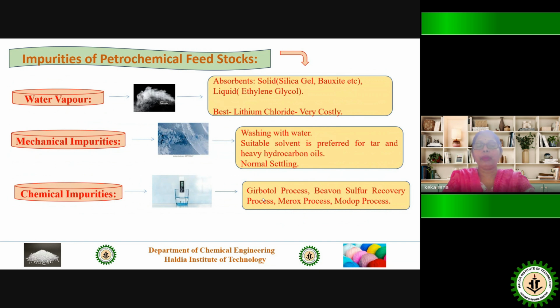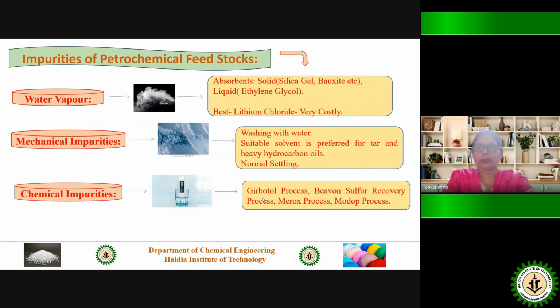Then think about the mechanical impurity. We can eliminate mechanical impurity by simply washing with water. It is a very easy and very low cost method. But sometimes some processes require the application of a solvent.